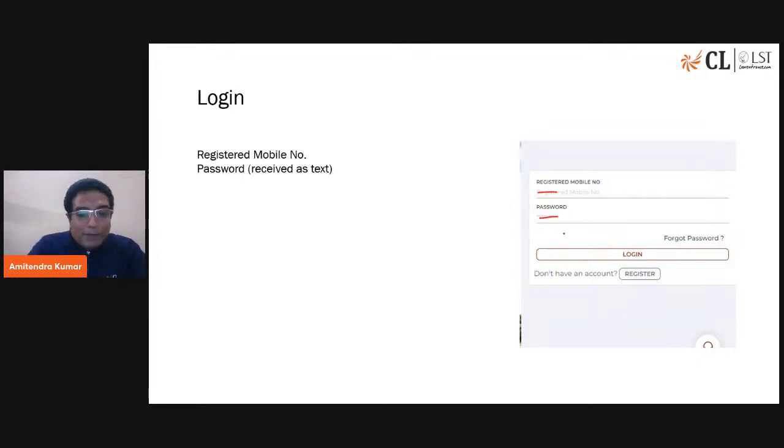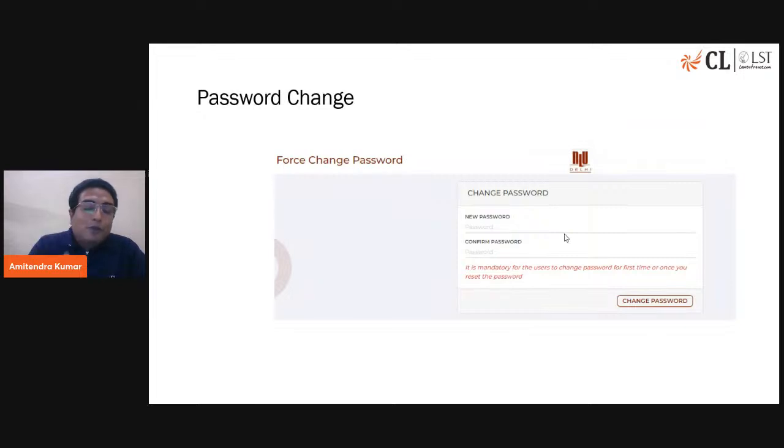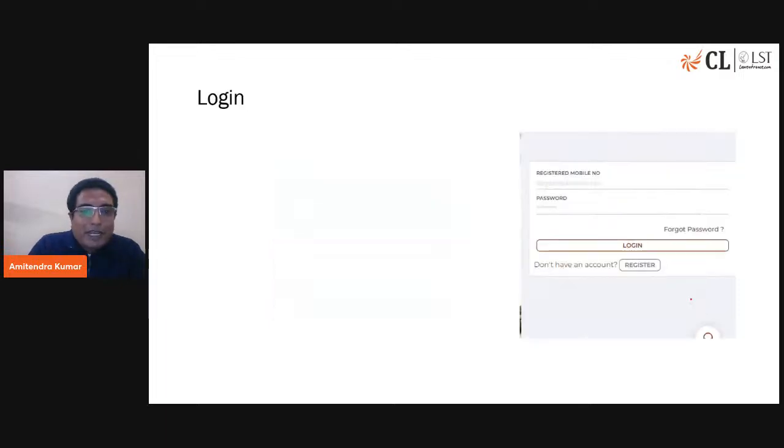But the moment you log in, it will take you for a forced password change, which means you have to now create your own password. You have to create a password, confirm that password, and once you click on change password, it will take you back again for login actually. So twice or thrice you have to log in before you even start filling the particulars in the application form.